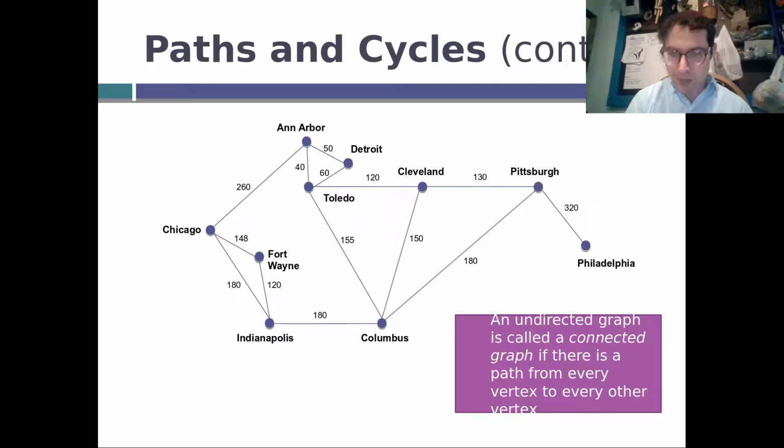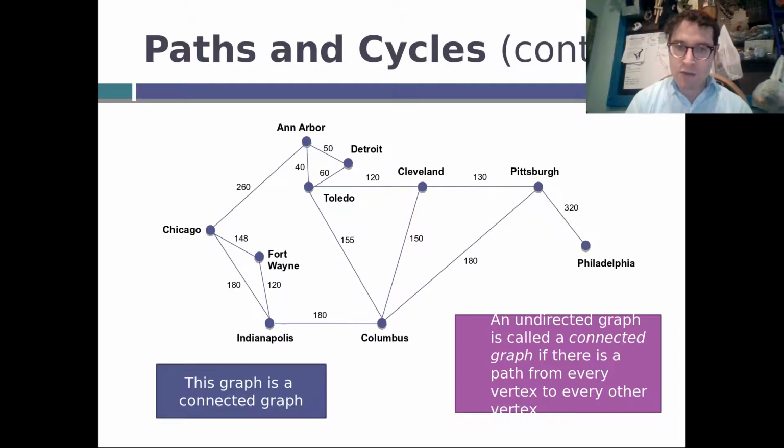So finally, a graph is connected if there's a path from every vertex to every other vertex, right? Here in this graph, we can start at any vertex and travel to any other vertex. We can consider all of the mainland United States, or rather all the major cities in the mainland United States, to be a connected graph.